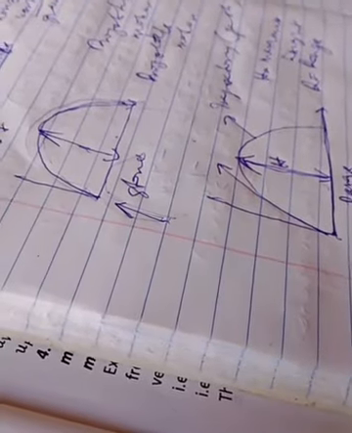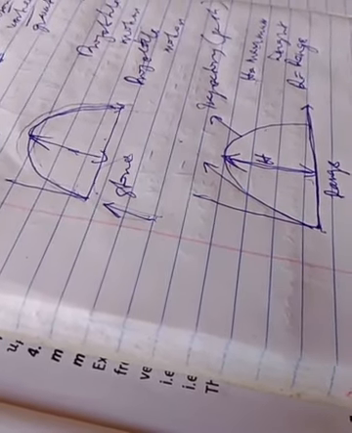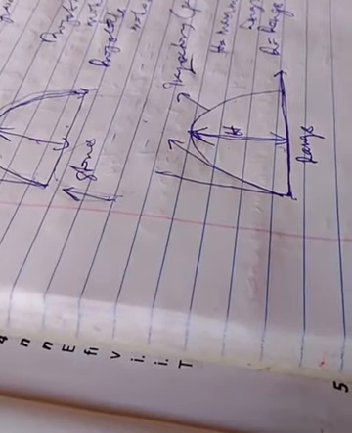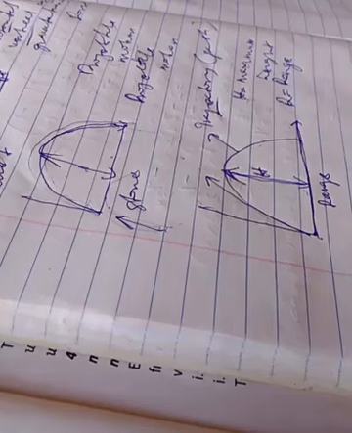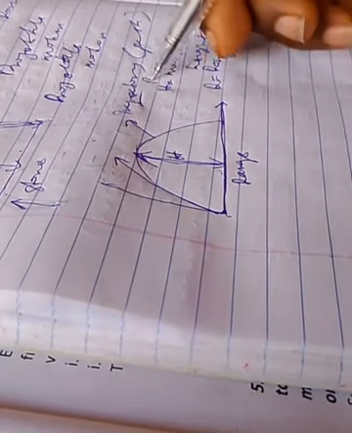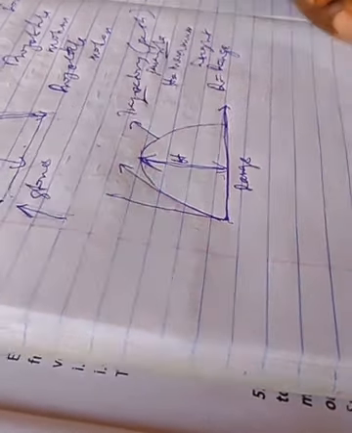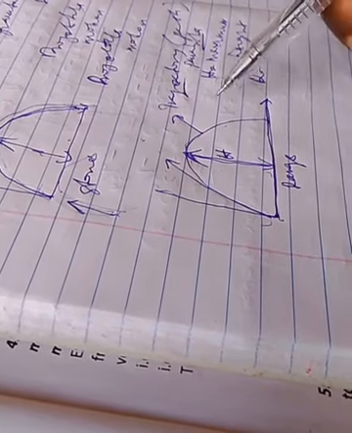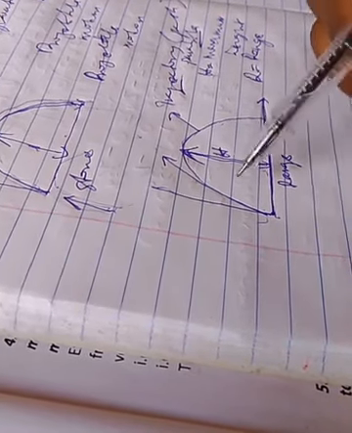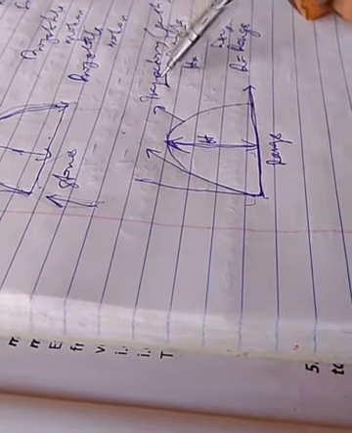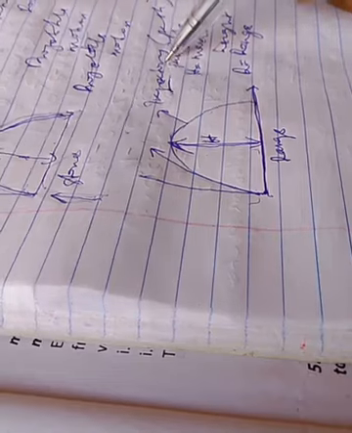The shape, or this curve that is formed, is known as a parabola. The type of motion is known as projectile motion, while the curve, or the path which the projectile follows, is known as a trajectory.